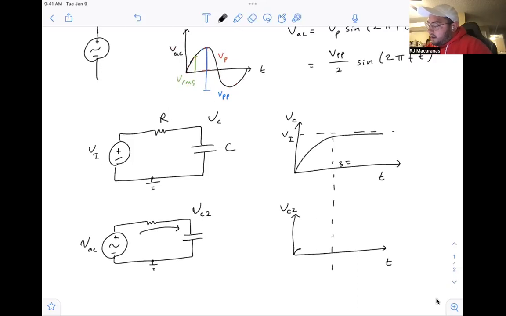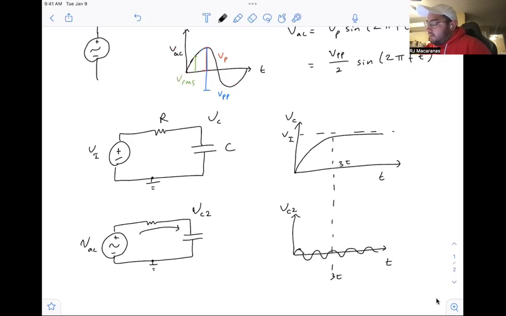So at this point, current starts going the opposite direction, but at this inflection point, the charge on that capacitor is going to start flowing off the plate. So maybe it'll just trace the input voltage instead of building up all the way as we had expected, 3 tau.